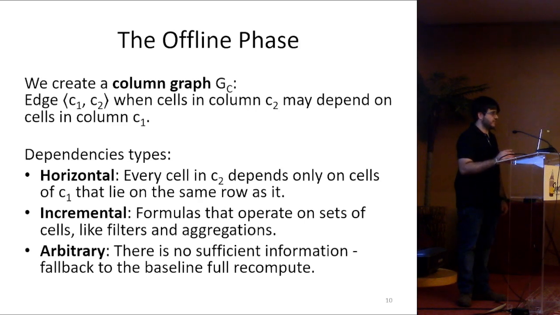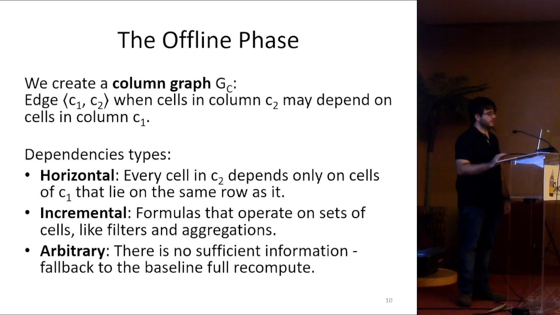But a cell in C2 doesn't necessarily depend on all the cells in C1, but only on some of them. For that, we create three dependency types, three edge types. The first is horizontal, which means a cell in C2 depends on a cell in C1 only in the same row.